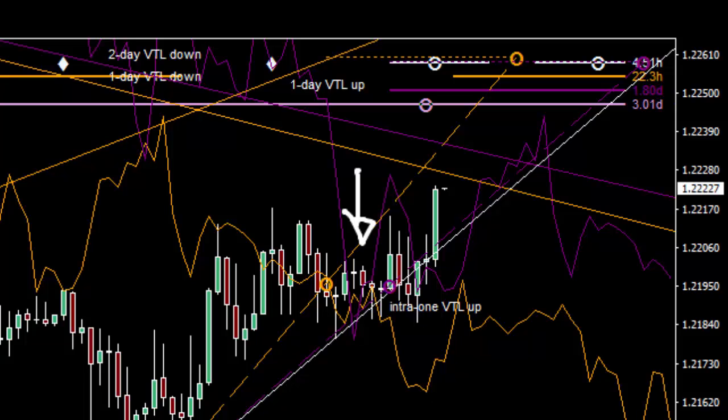And it sort of came up and touched it, crawled through it, came over it, and then came up above it. And by crossing up above the 2-day FLD, it has generated a 2-day target. Now, I don't know if you are going to be able to see that, but the dotted line for the 2-day target is over there, and it is at almost exactly the same level as that 1-day FLD target.